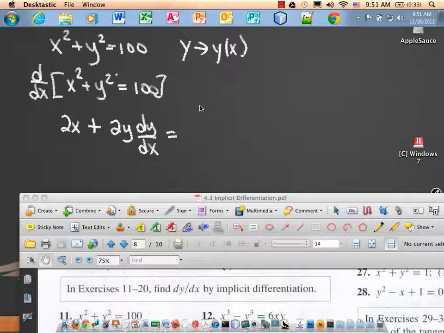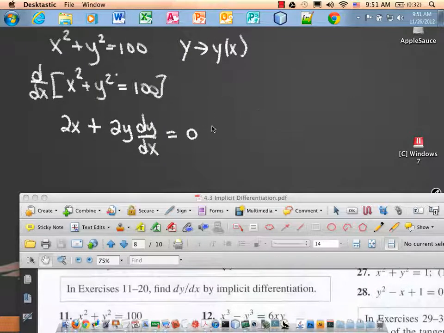So we consider dy/dx to be a black box, which means it's mathematically correct, but we can't go any further with it analytically. What's the derivative of 100? 0. All right, what do we do now?